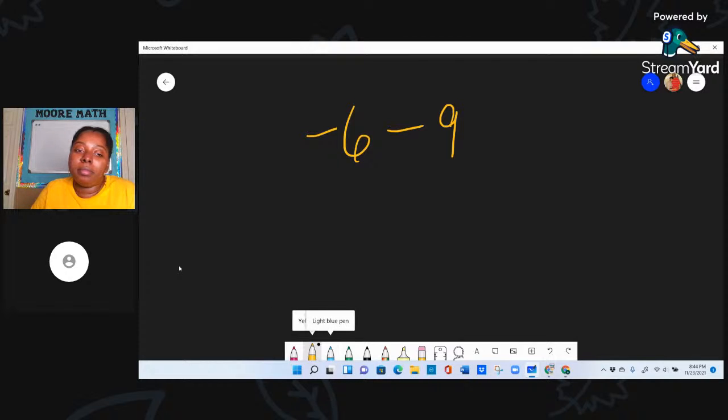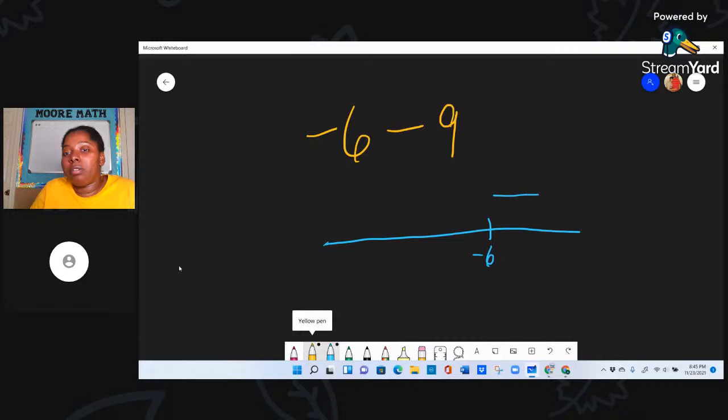Yeah. Okay, not 3. So think about a number line, right? If we're starting at -6 and it says minus 9, which way are we going? Are we going up or down if we're subtracting?